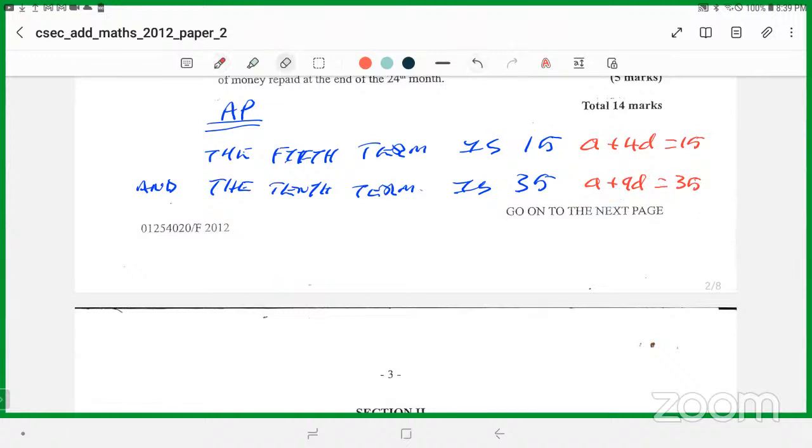But the thing with AP and GP questions at ADMATS that I've found is that rather than give you questions with just values and numbers, they tend to try to relate the AP and the GP to some real life situation. And oftentimes they try to relate it to some money transaction.